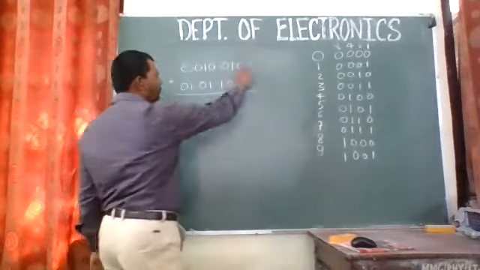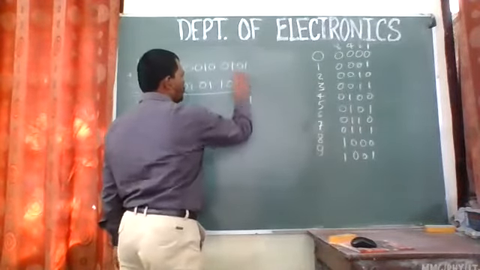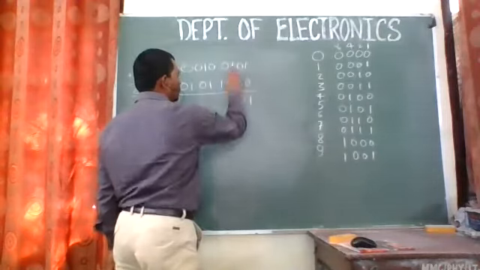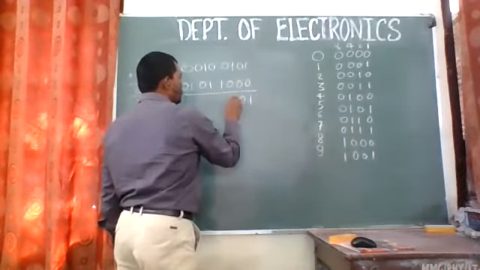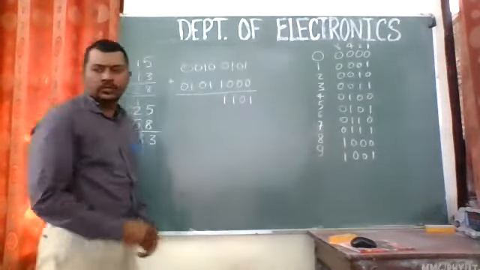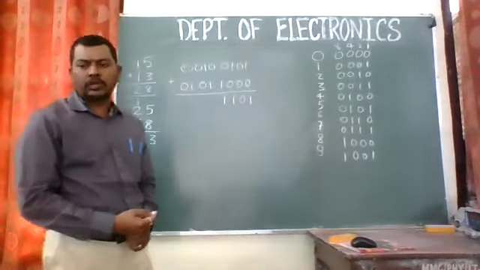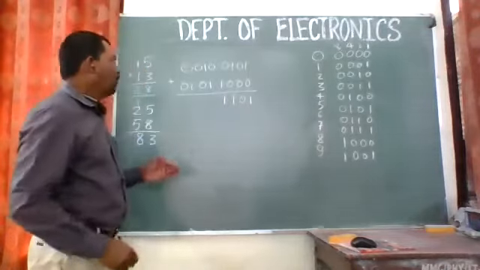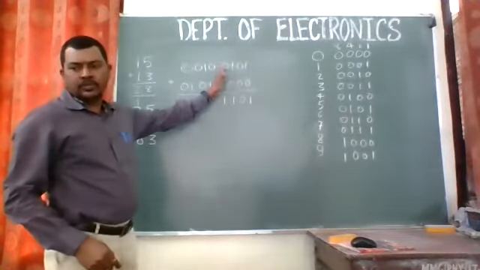So when we add them, 1 plus 0 is 1, 0 plus 0 is 0, 1 plus 0 is 1, and 0 plus 1 is 1. Right? So the number which comes out is 1101. Now go to the next bit.